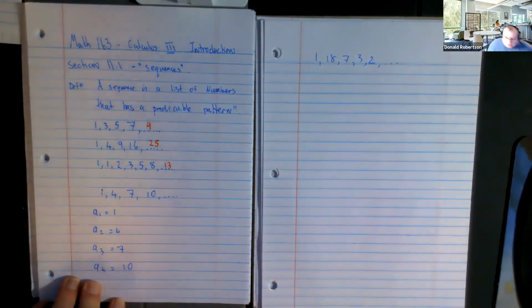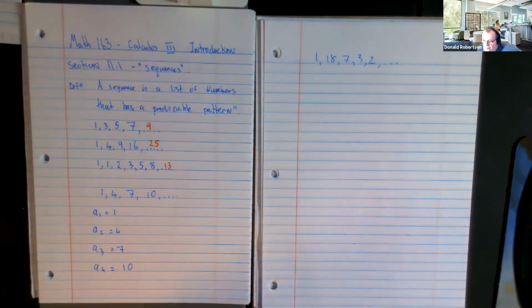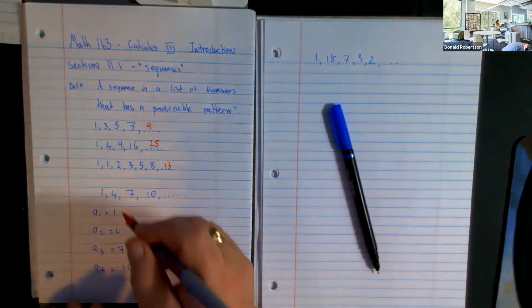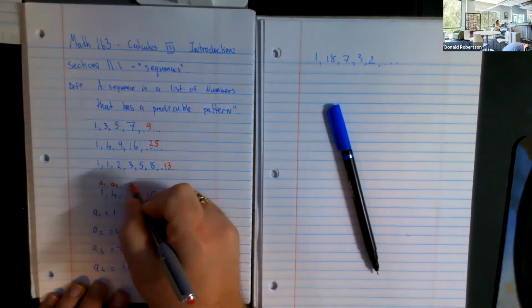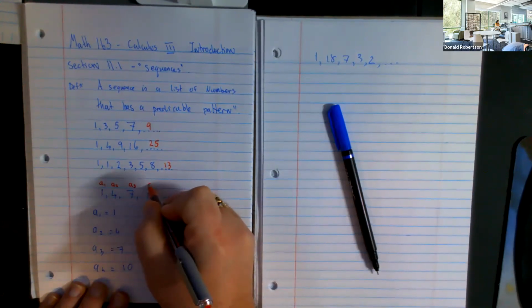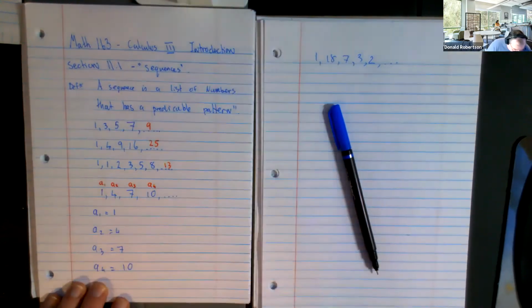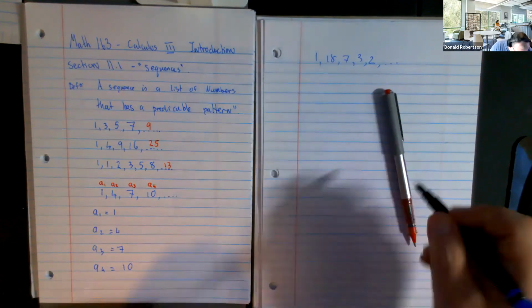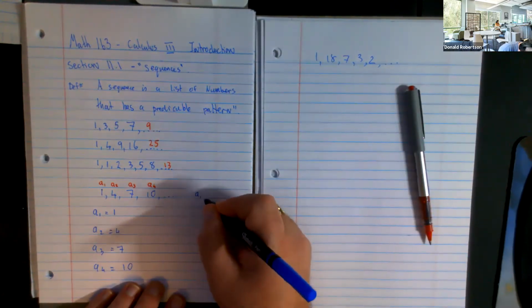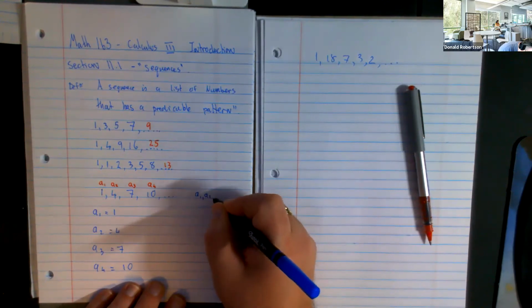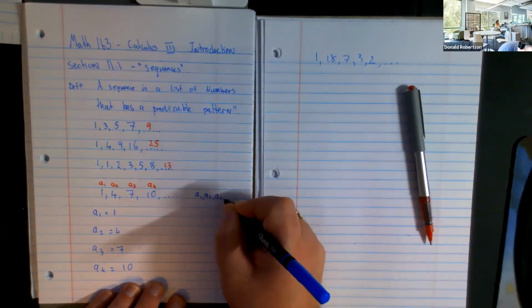And A4 is 10. Now, all we're doing here is labeling the sequence. So a general sequence, one that you don't really know very much about, could be written down as A1, A2, A3, dot, dot, dot.